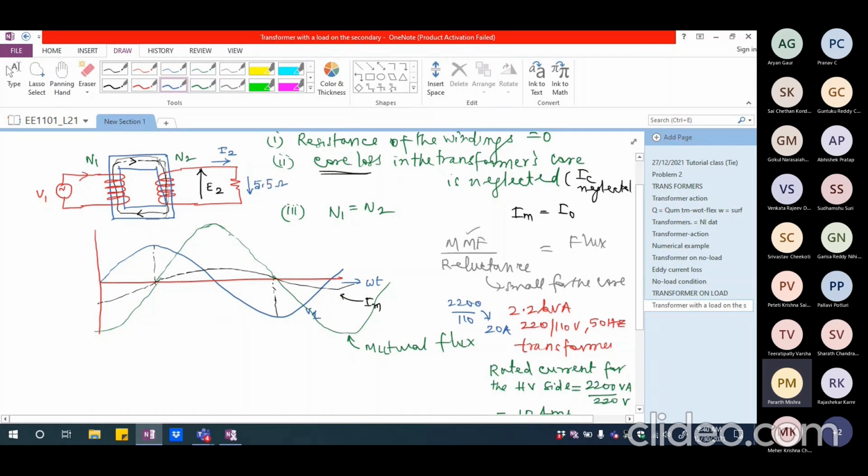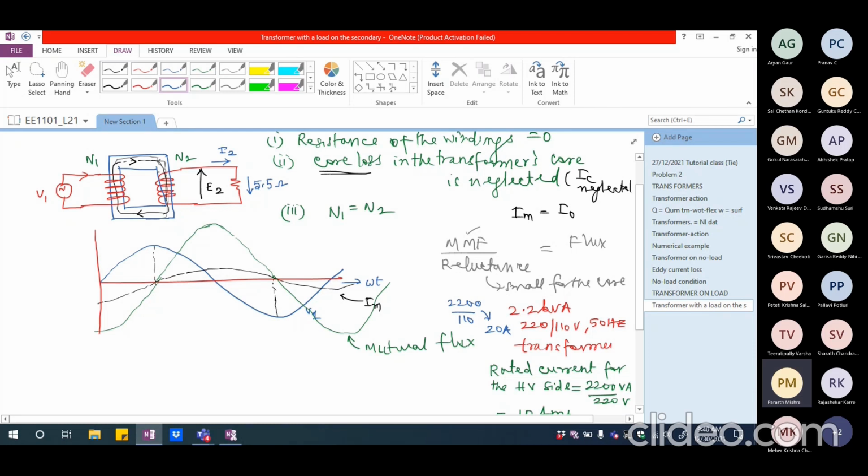So this is the resistance that I am connecting such that the current flowing is equal to the rated current value. Okay. So this 20 ampere is now flowing through the secondary winding.